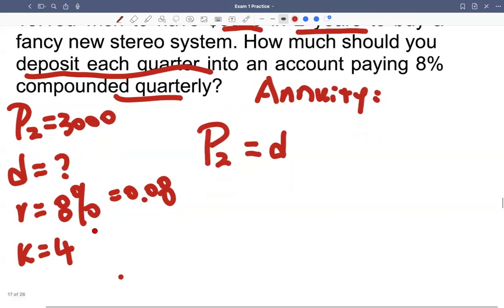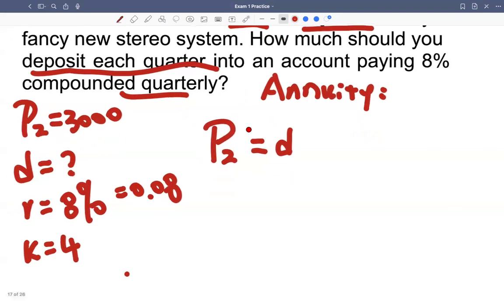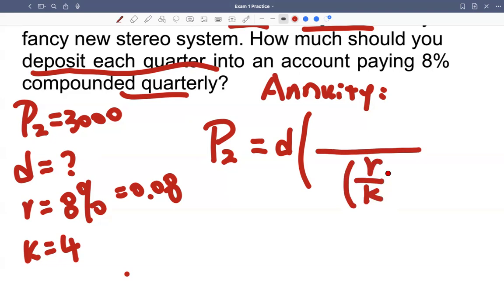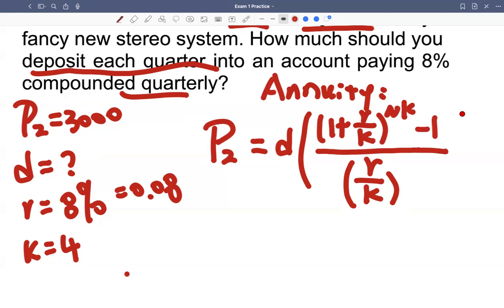Okay, now let's recall the formula. The formula is Pn equals D multiplied by a fraction. The denominator in the fraction is R divided by K. The numerator is 1 plus R divided by K, raised to the NK, minus 1.